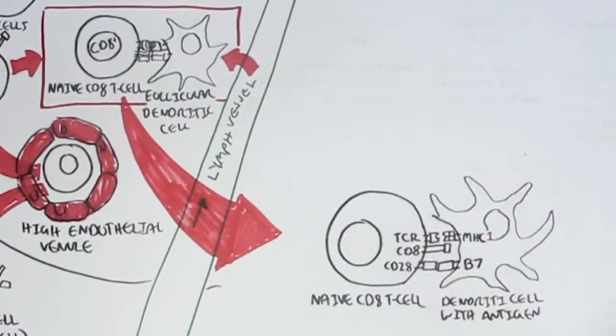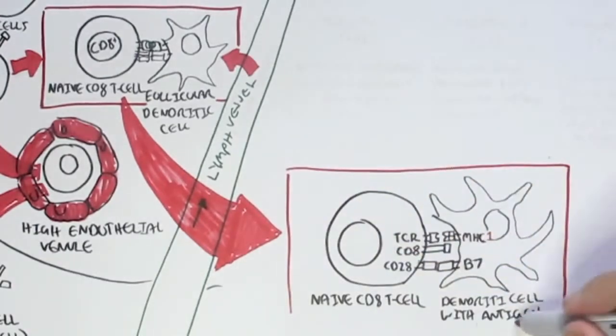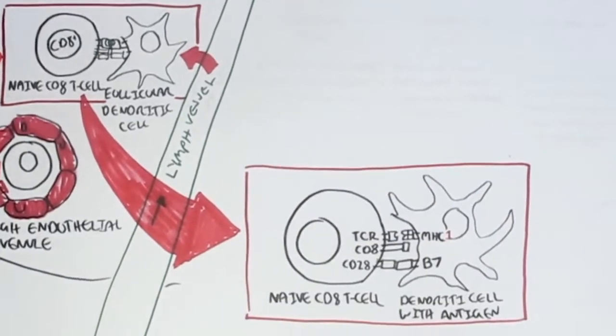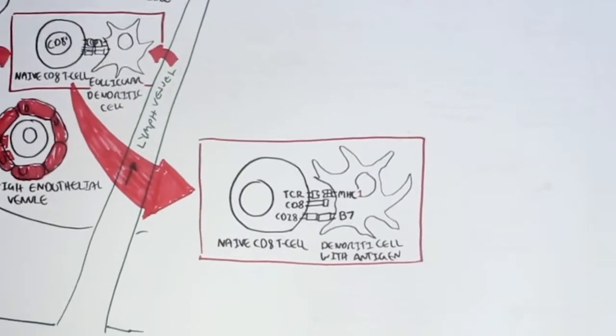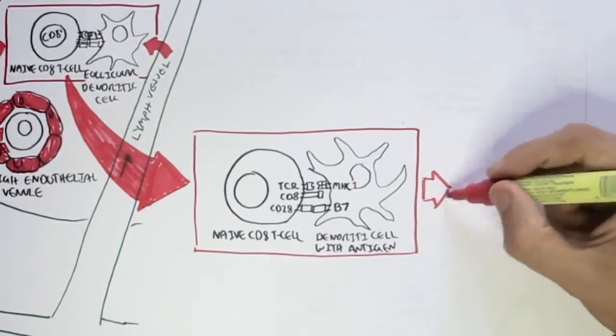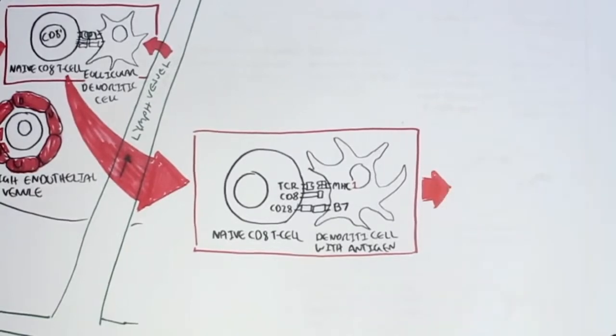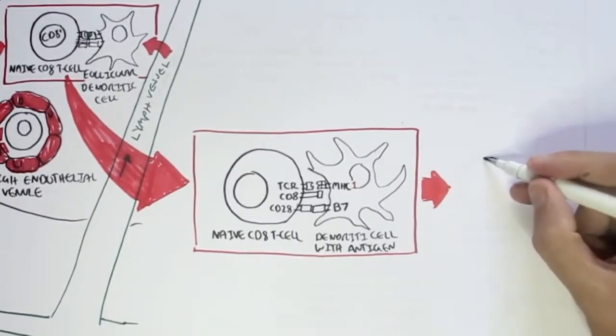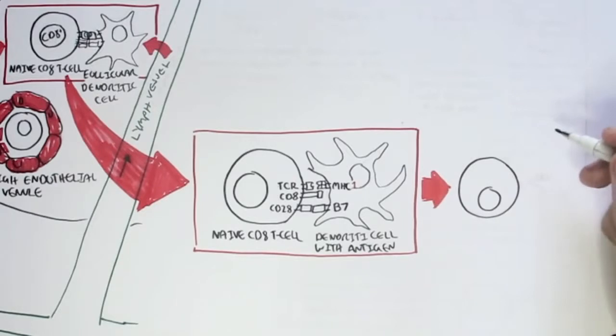The presentation of the antigen on the MHC complex is vital for the activation of the naive CD8 T cell. However, the B7 on the dendritic cell is also important in activating and promoting the survival of this T cell as well.